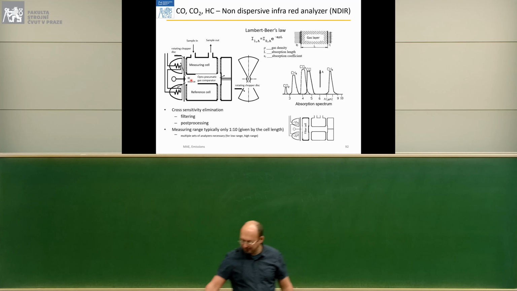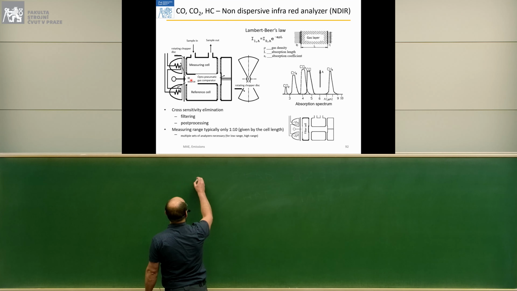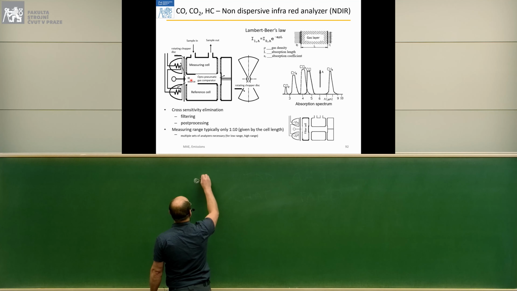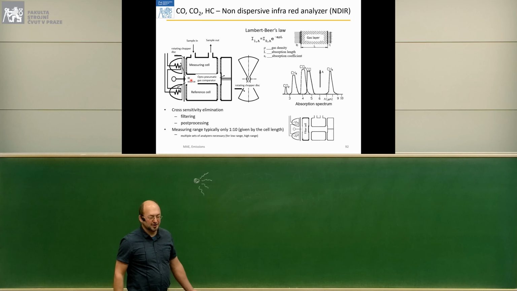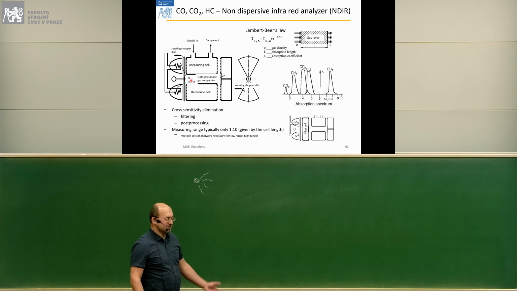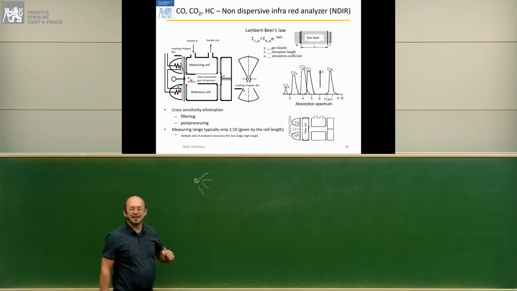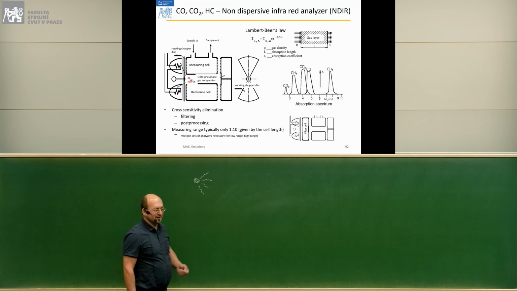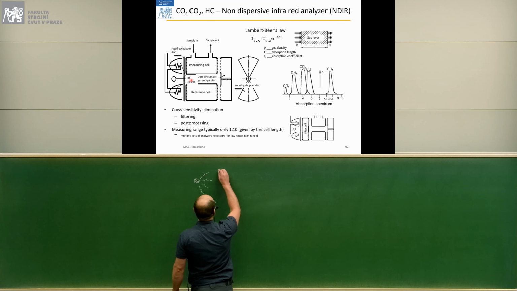With a non-dispersive infrared analyzer, you have some source of infrared light. This can be either a diode, it could be a laser, a laser at fixed wavelength or a wavelength that you can tune, or it could be a broadband source like a heated ceramic element of silicon carbide, for example.